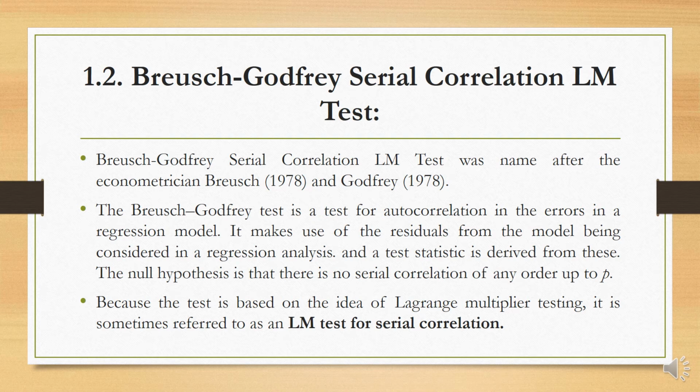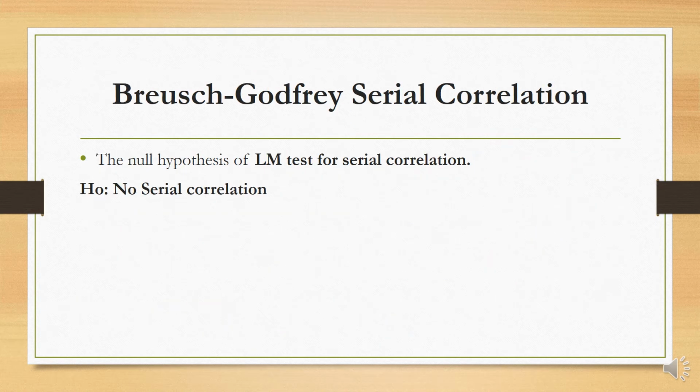The null hypothesis is that there is no serial correlation of any order up to p, because the test is based on the idea of the Lagrange multiplier test. It is sometimes referred to as the LM test for serial correlation as well. The null hypothesis of the LM test: H naught, no serial correlation, and alternatively the serial correlation exists in the model.